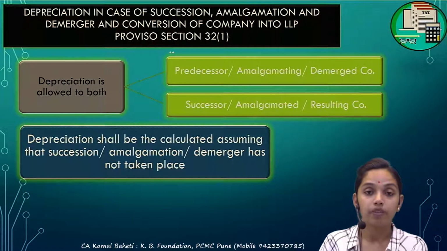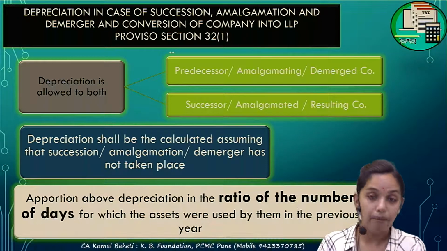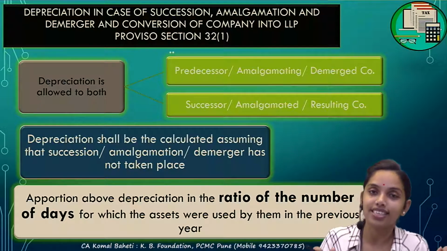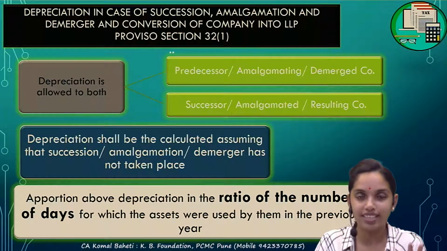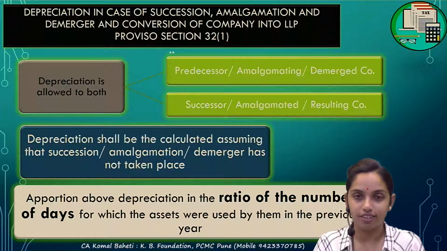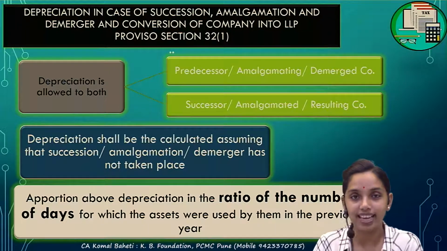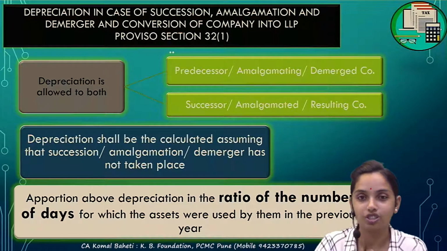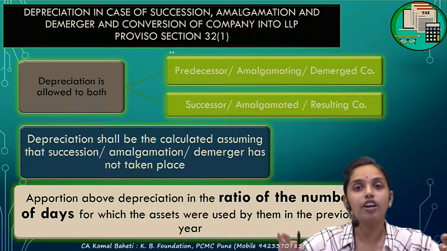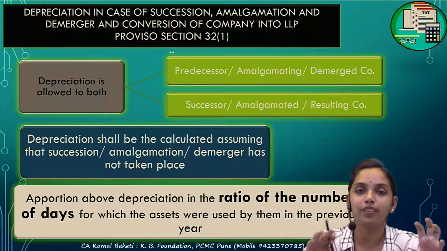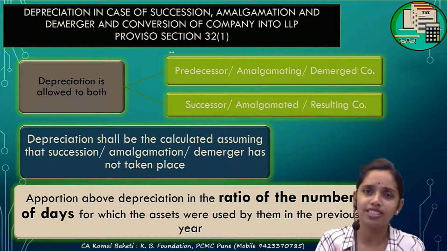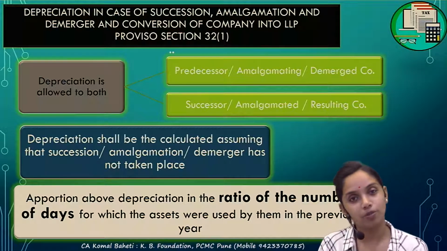Next, the total depreciation amount needs to be allocated between the successor and the predecessor. Obviously, it is not enough for both. The amalgamating company should not get the full, and the amalgamated should not get the full. The successor should not get the full or the predecessor should not get the full. So it should be distributed between the predecessor and the successor. In what ratio? It's very simple: the number of days the asset was used by them.